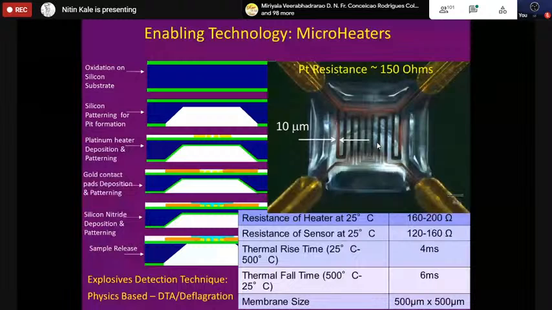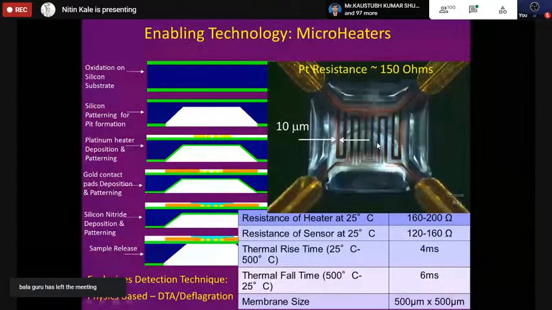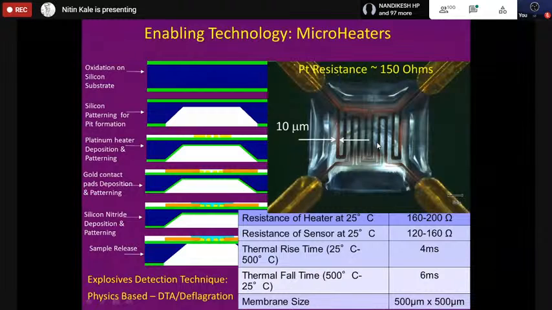The technology that we use today is based on micro heaters or micro hot plates. First I'll just describe the device. The device is here. You can see that this is half a millimeter by about half a millimeter, 0.5 mm.